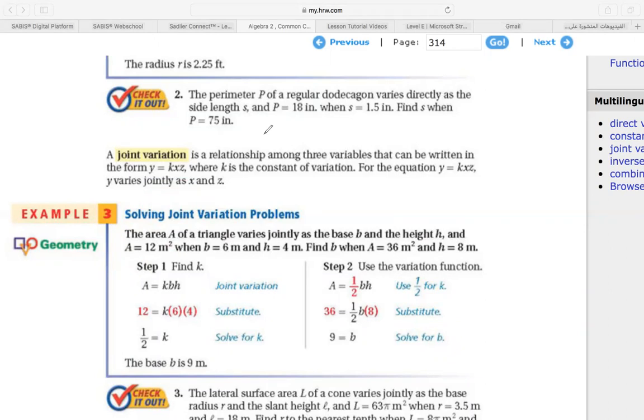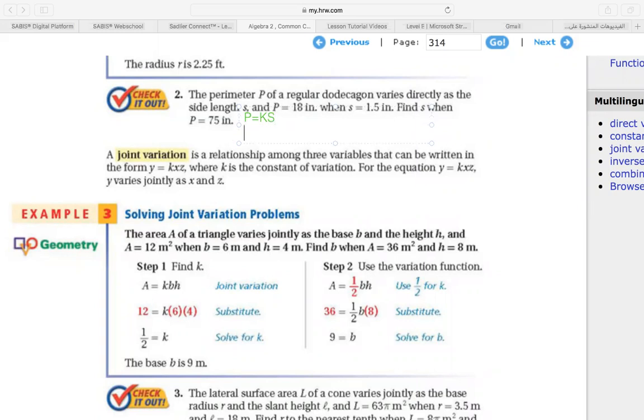Find S when P is equal to 75. Let me write the answer here. Since it varies directly, it has the relationship P equals K S.